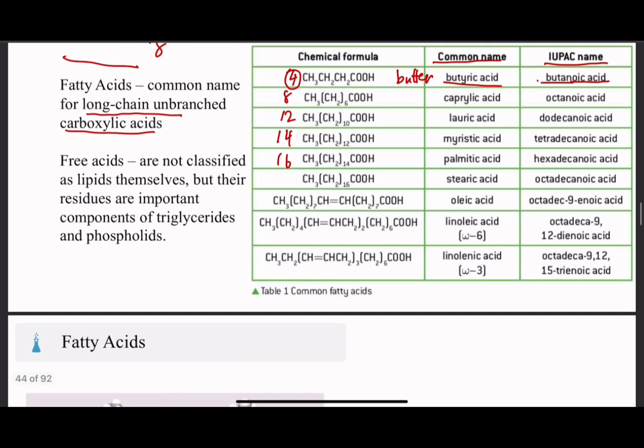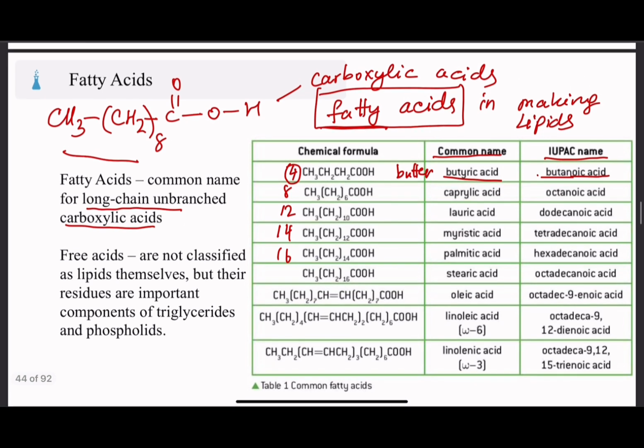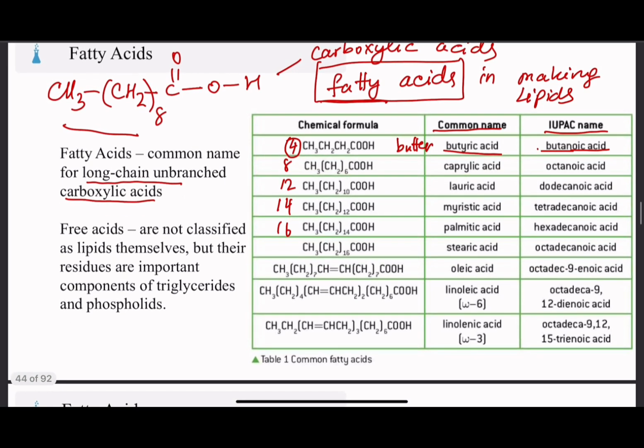So what about free fatty acids? Free fatty acids are carboxylic acids that are not part of lipids themselves. That's why we call them free. But the fatty acids that make triglycerides, which we will show on the next pages, are different.